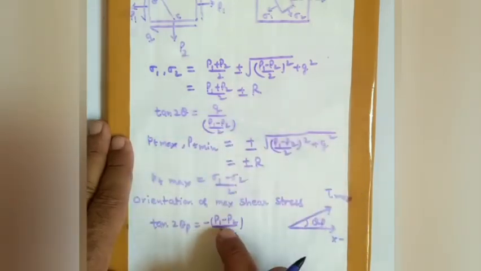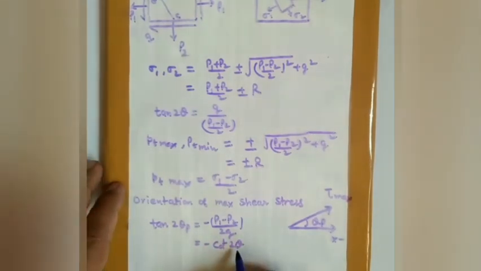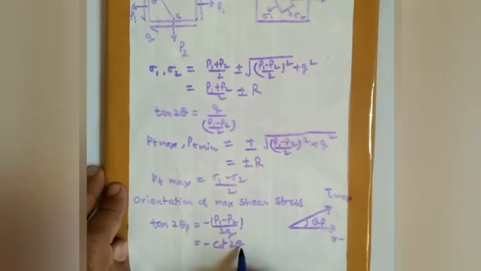So we can write this equal to minus cot of 2 theta, where theta is the orientation of major principal stress or the maximum normal stress sigma 1.